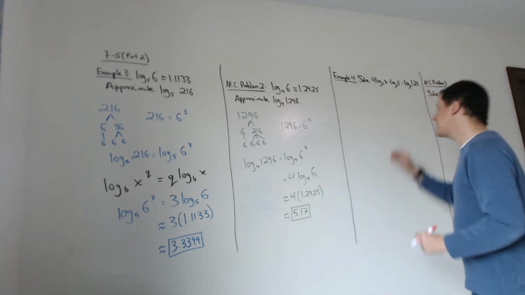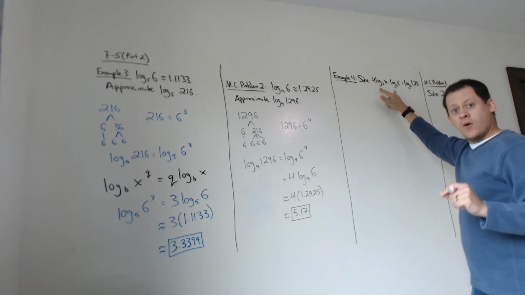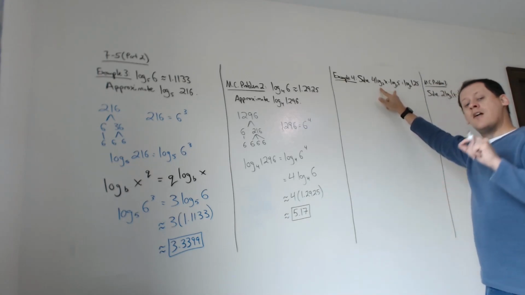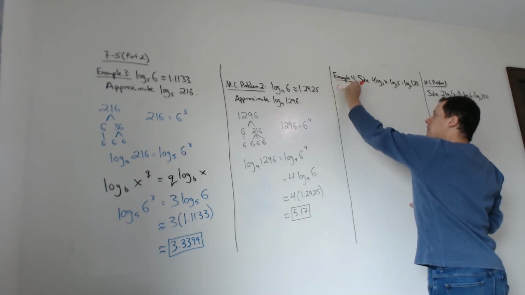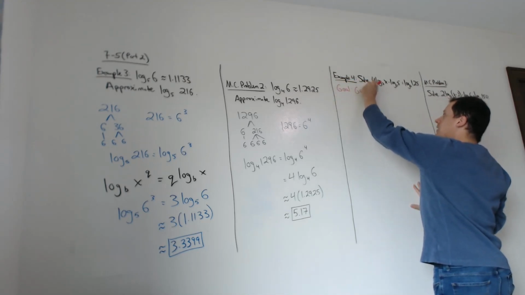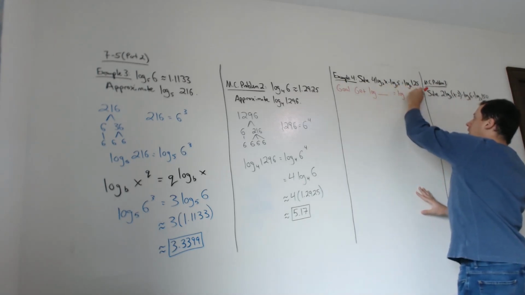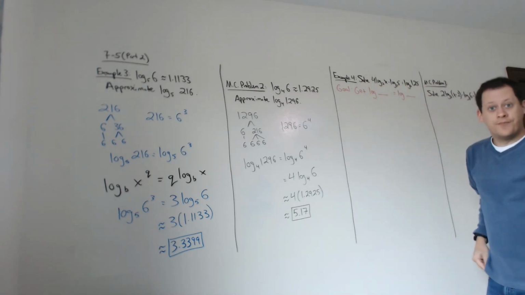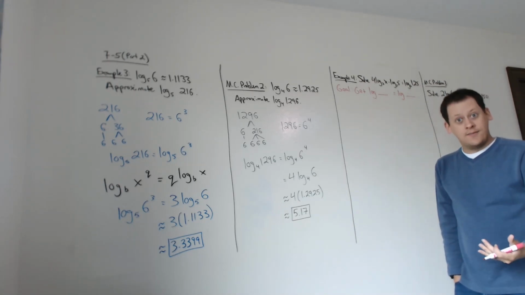So if you're asked to solve something that has more than one log on one side of the equal sign, what you need to do, your goal right now, is to get log of something equals log of something. Okay? You want to get it so there's one log on each side.